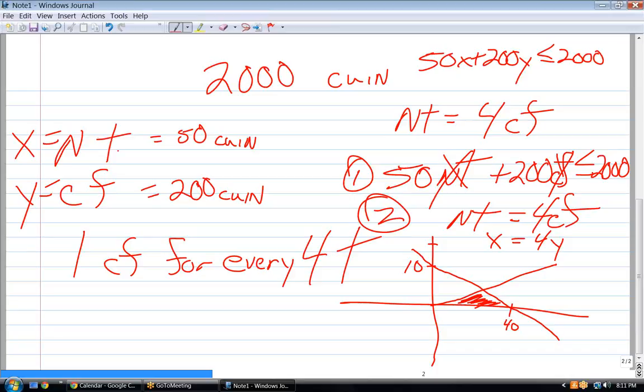Yeah, and he wants one catfish for every 4 of those, so y would equal 4x, not the other way around. It's y equals 4x, right? Yeah.